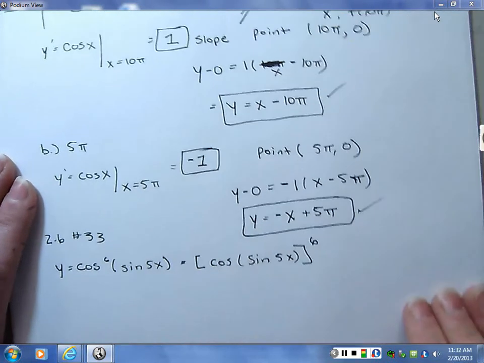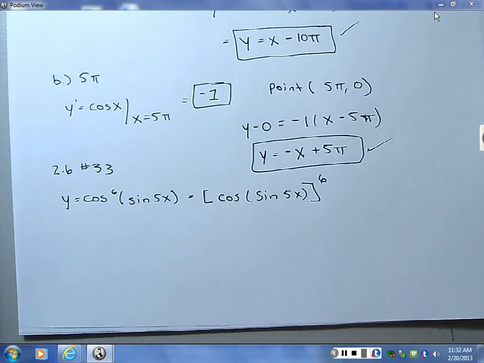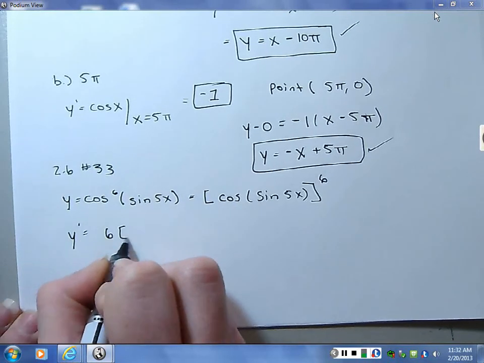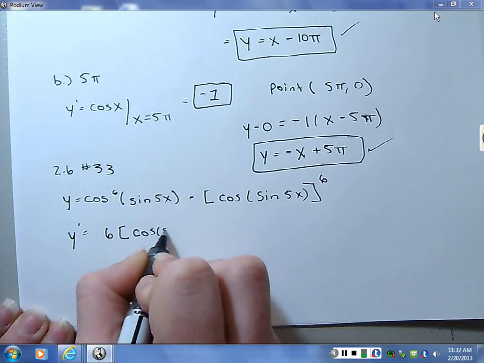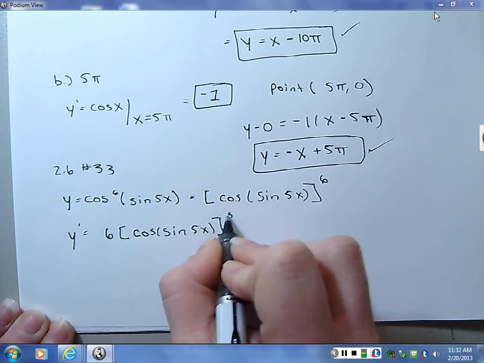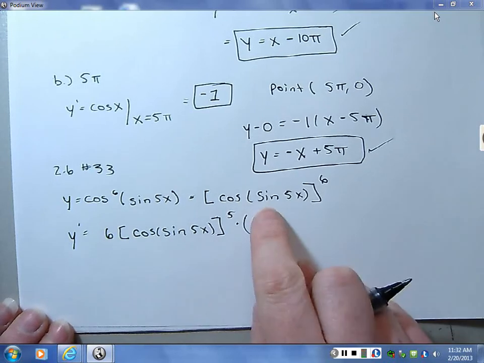This is what it means, right? So the derivative of the outside, like we said before, is 6 evaluated at the inside to the 5th power, times the derivative of the inside. What's the derivative of the inside?